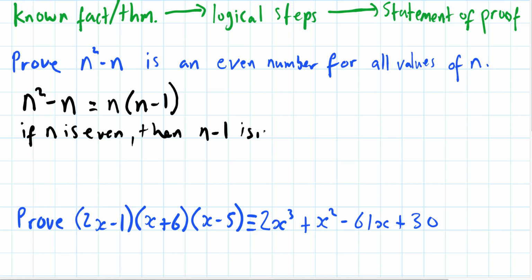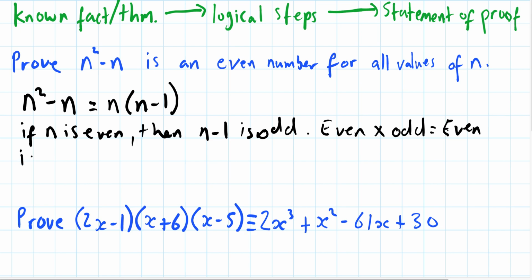Yeah, that makes sense. If n is even, then n minus 1 is odd. And if you multiply them together, even multiplied by odd equals even. So that proves that if n is an even number and we do n squared minus n, we get an even.